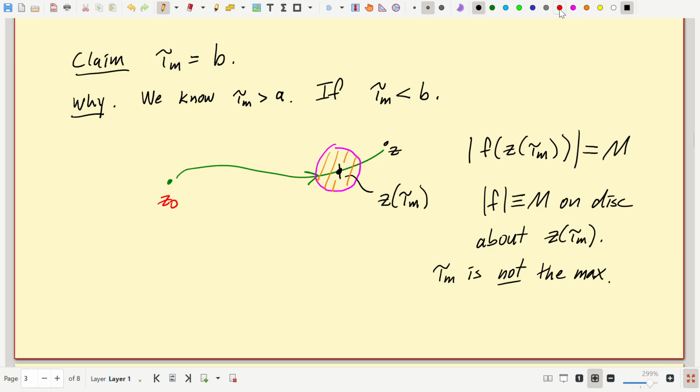And that's a contradiction. That picture is valid if I don't get all the way to the end. And so I have to get all the way to the end. That's the contradiction. So that's a typical connectivity argument.